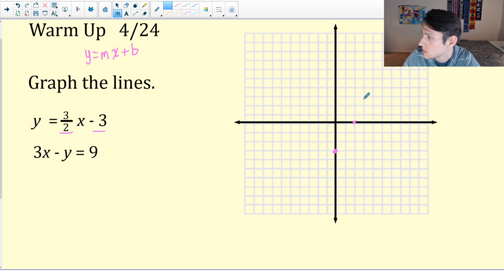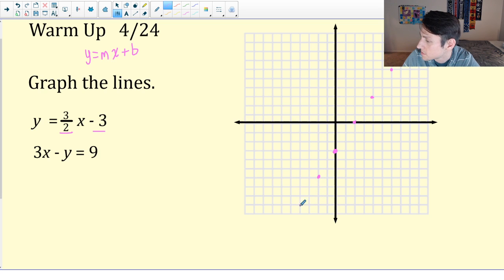And you can keep doing that as many times as you want. Up 3, right 2. Up 3, right 2. That way you have a better sketch of the line, rather than just connecting the 2 points. And besides going up 3, right 2, to go the other direction, to the other side of the line, we could go down 3, left 2.